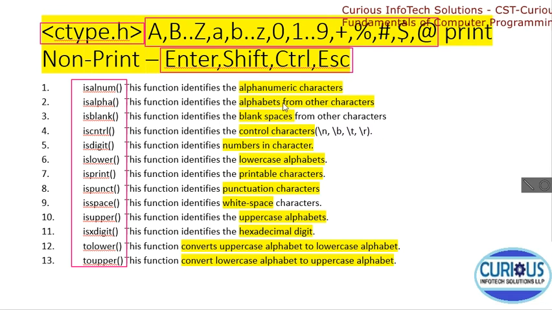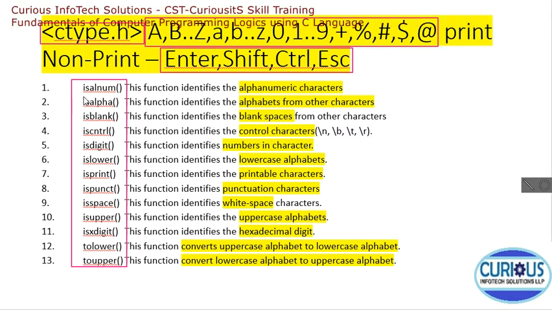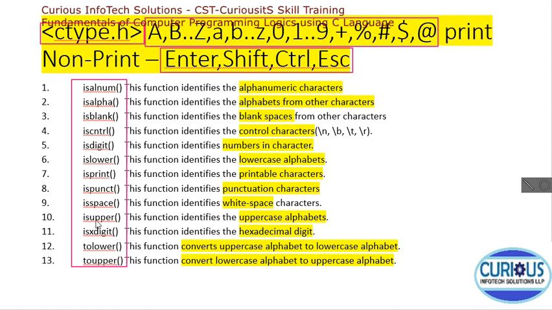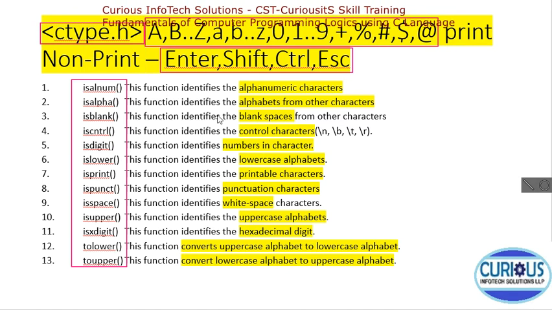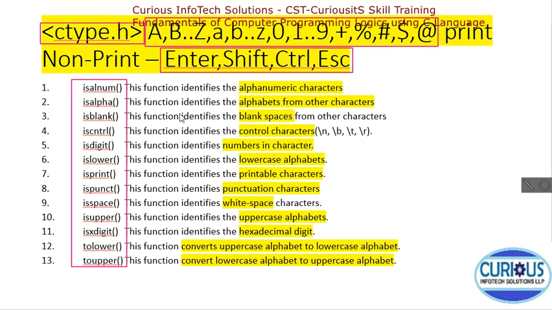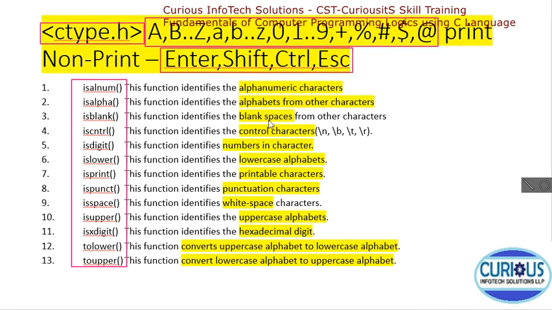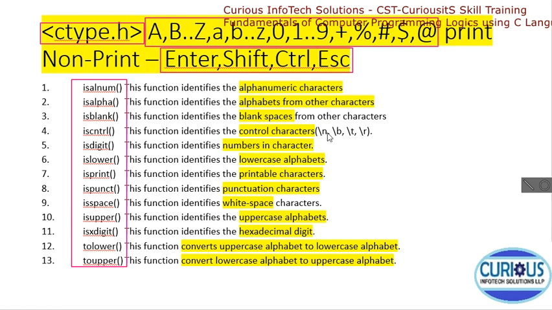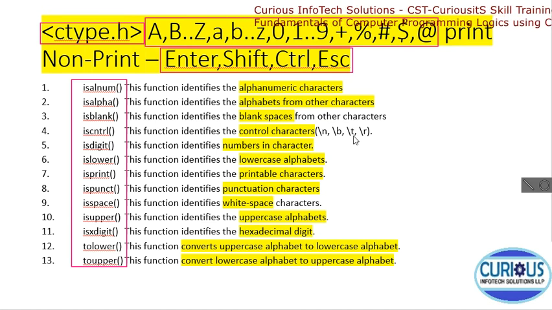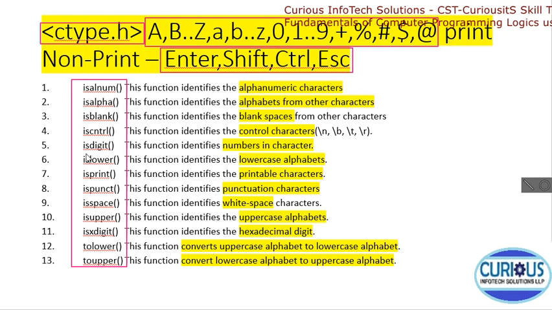This is for checking the input, whether this type of character is there or not. isblank: blank space you can also find with isblank. iscntrl: control characters like \n, \b, \t, \r. isdigit: that is 0 to 9.